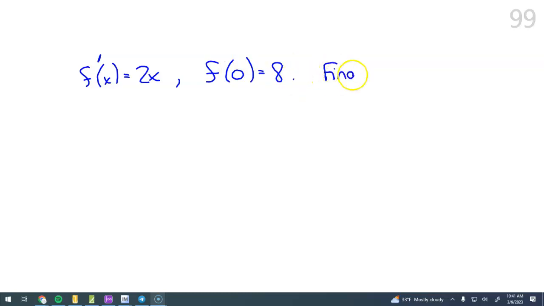Let's say that I have f prime of x equals 2x, and f of 0 equals 8. Directions here would say find the particular solution.